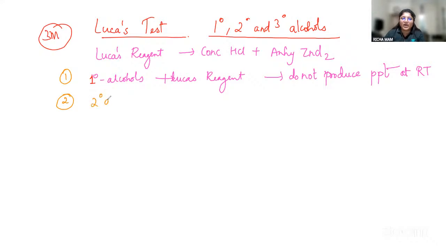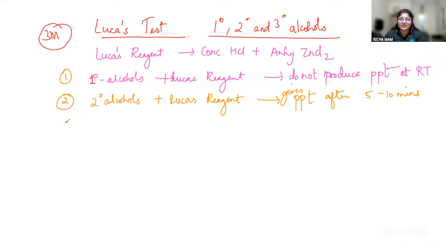Then when you have secondary alcohols and they react with Lucas reagent, they give a precipitate after 5 to 10 minutes. That is a distinguishing test for Lucas reagent.